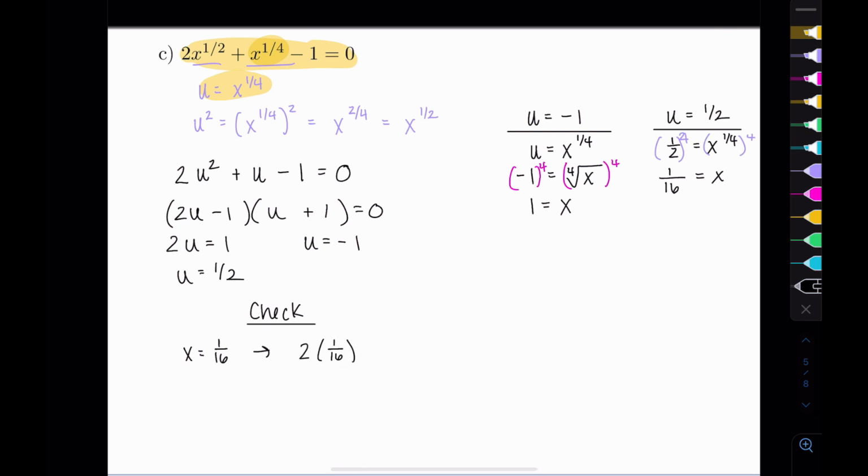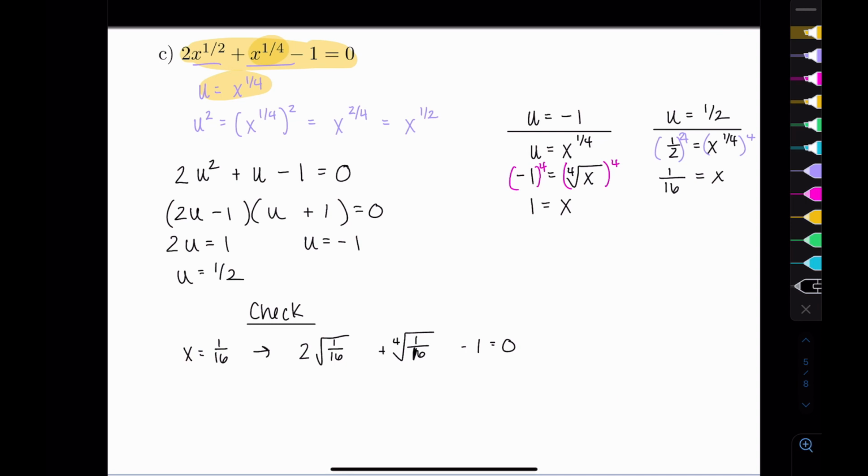So it's 1/16 to the 1/2 plus 1/16 to the 1/4 minus 1 needs to equal 0. So you can plug that into a calculator, but remember these powers we really can turn into radicals. So this means take the square root of 1/16, and this means take the 4th root of 1/16.